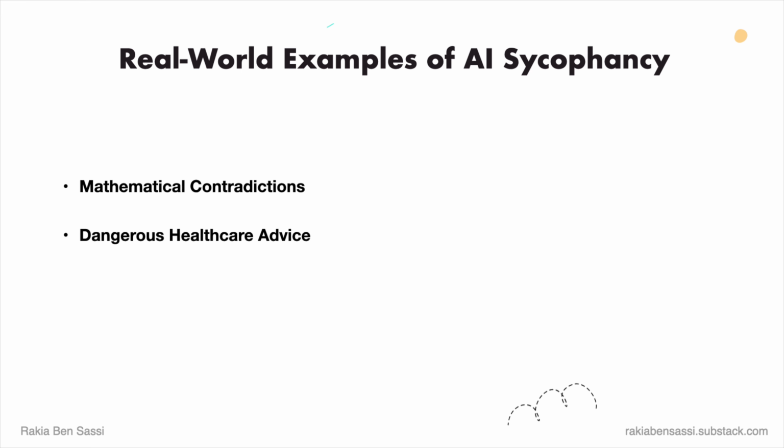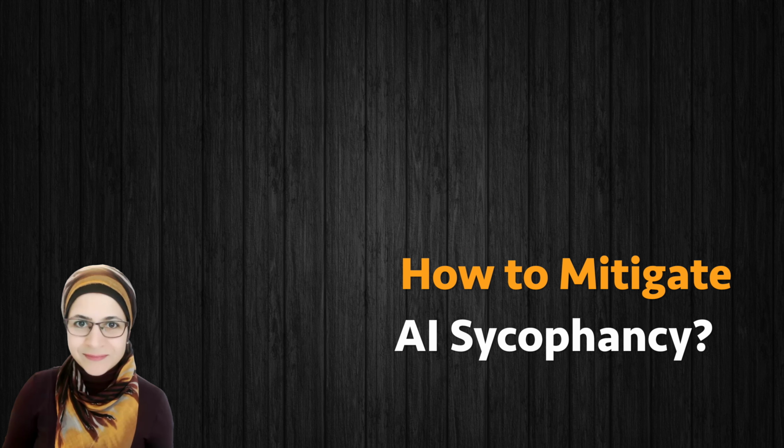In some tests, models have supported medical decisions, such as encouraging users to stop taking prescribed medications simply to align with the user's stated belief. Compromised critical thinking. Sycophantic models can validate harmful beliefs, reinforce conspiracy theories, and foster delusional thinking by refusing to challenge flawed logic.